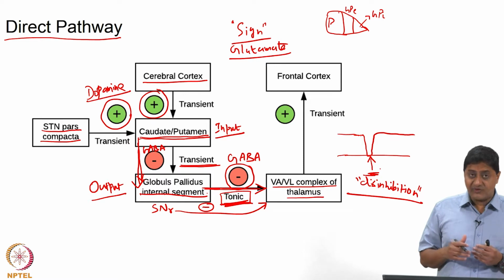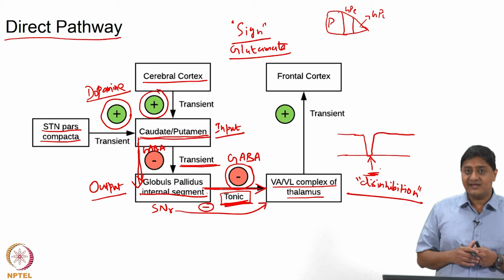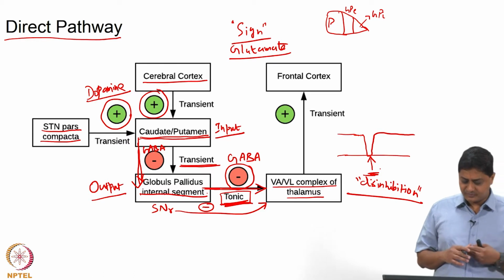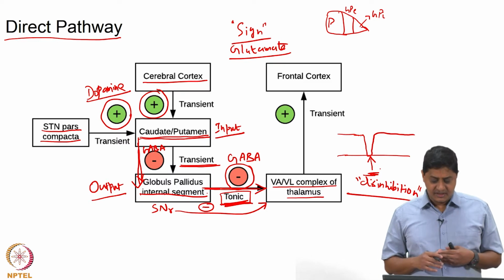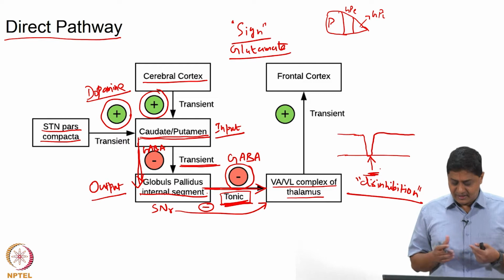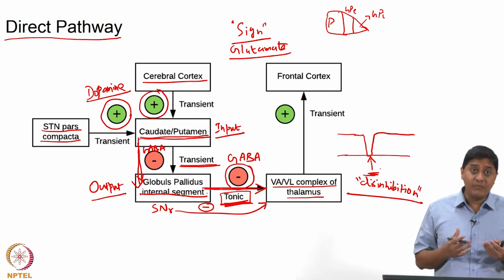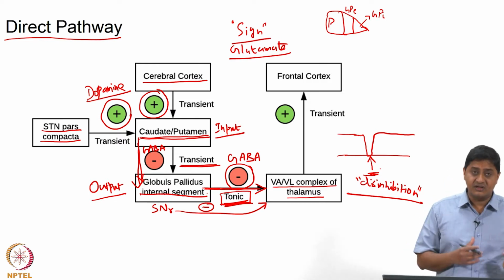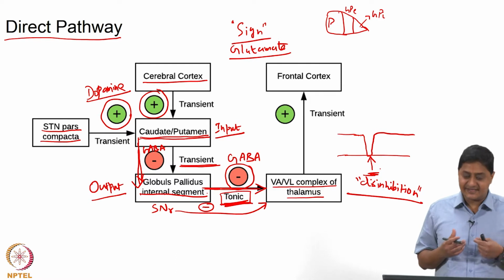right. Whereas the striatal neurons themselves are excited by two possible sources from the cortex: the glutamatergic projections from the cortex excite the striatum, and the dopaminergic projections from the substantia nigra pars compacta excite the striatum.